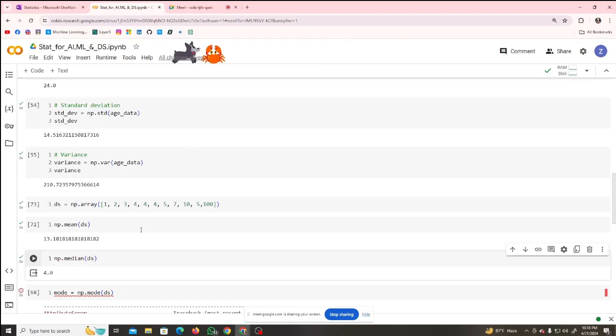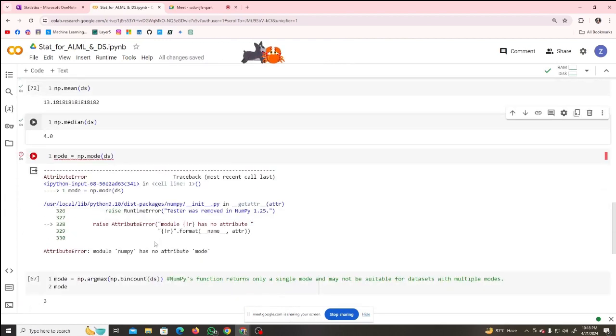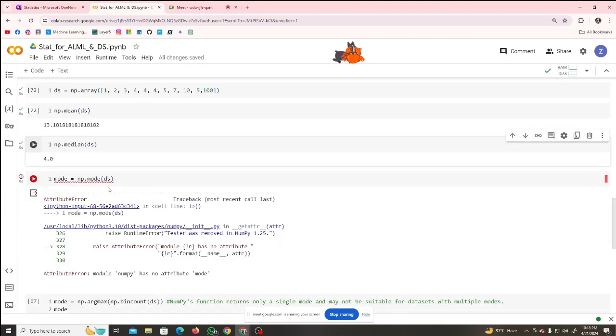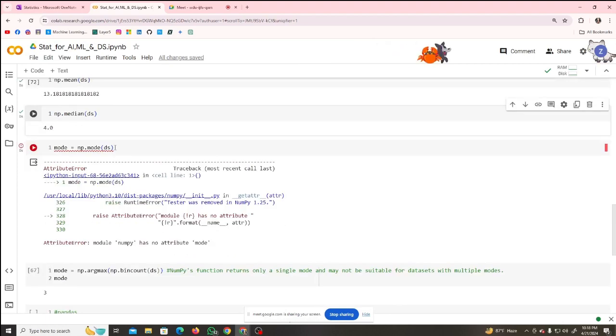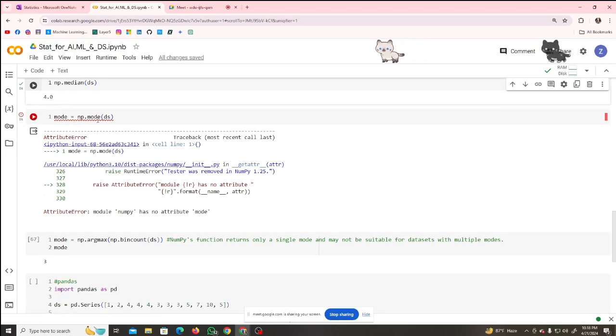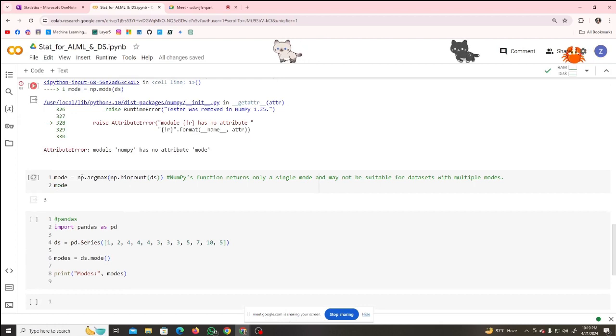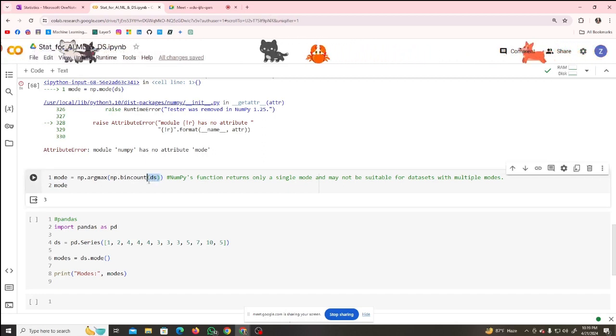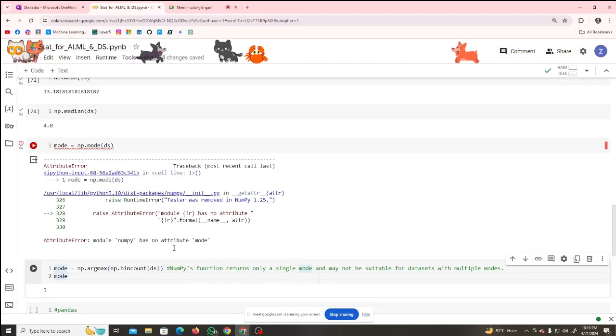So to find the mode in Python, I have written this code to show you that you cannot do just np.mode on the data set, because numpy doesn't have this kind of attribute. So to find the mode, you have to write it in this format: np.argmax, then np.bincount, then the data set you're working with, and then it will give you the mode.